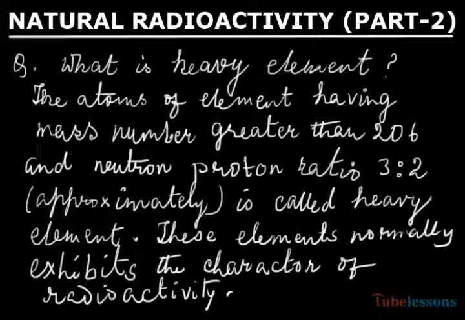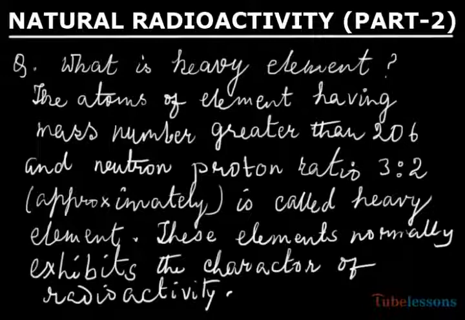So neutron 143 and proton 92. It is approximately 3:2, actually greater than 3:2. If 138 neutrons and 92 protons were there, the neutron-proton ratio would be 3:2. But there are 143 neutrons. So this is a heavy element.